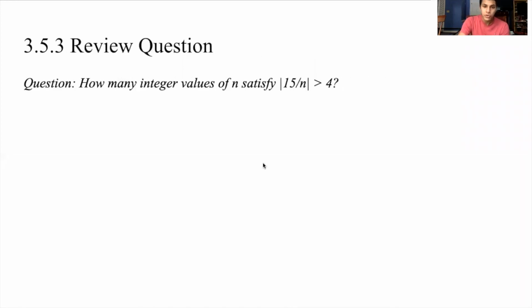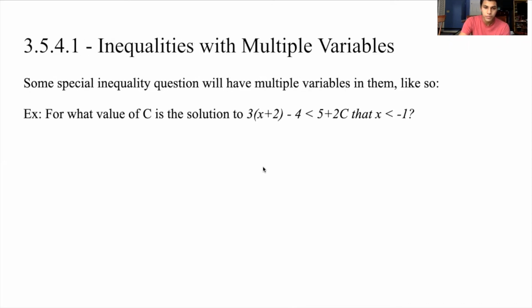So then we did a review question about absolute value, where we found that the absolute value of 15 over n is greater than 4, or the values of n that satisfy that, their integers, is 6 total. Then we talked about inequalities with multiple variables, which are inequality questions that have a variable in them, and then a second variable that you need to find the value of to satisfy a second inequality with the original variable.